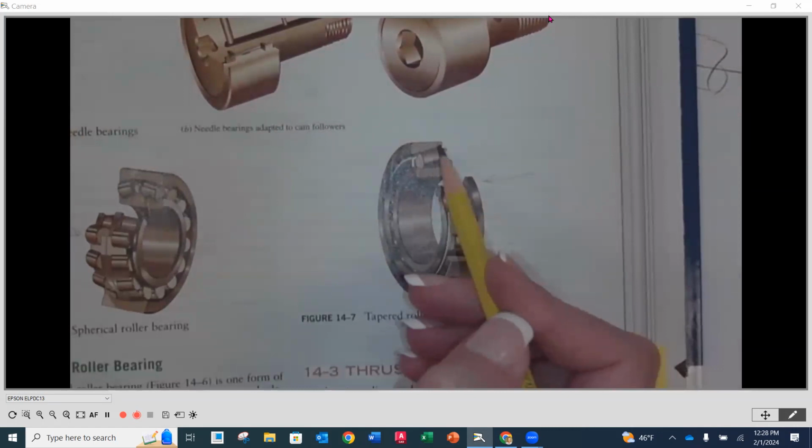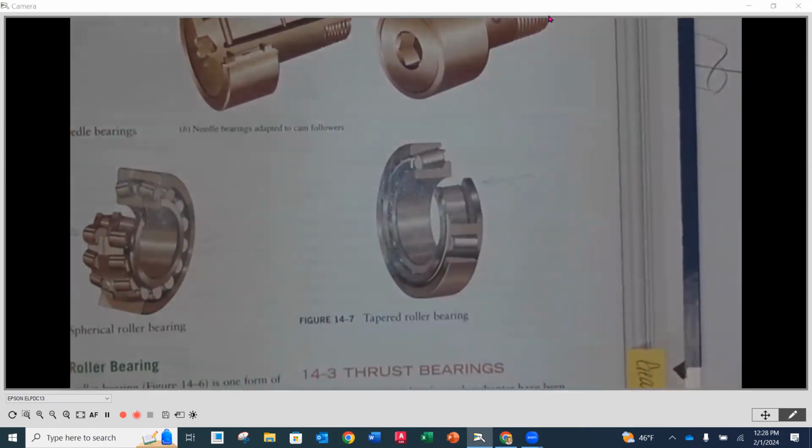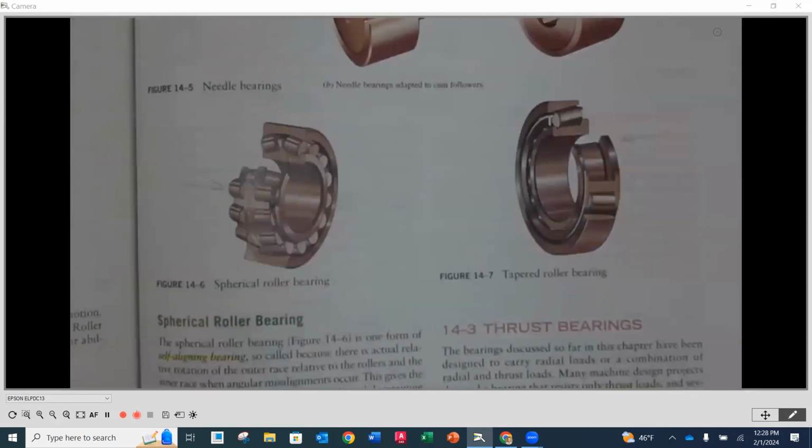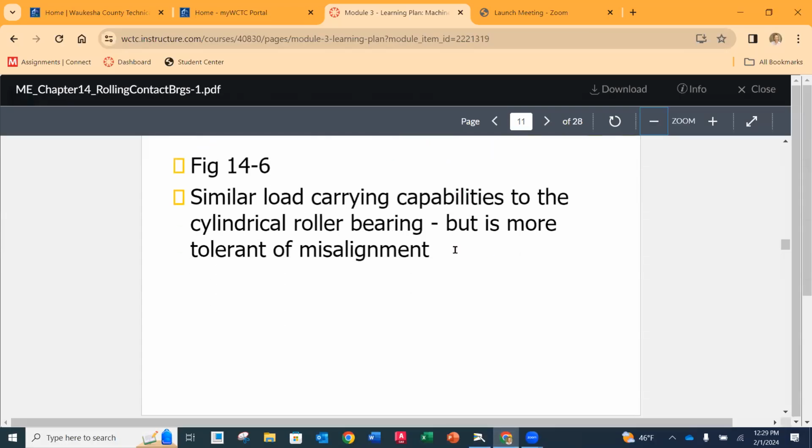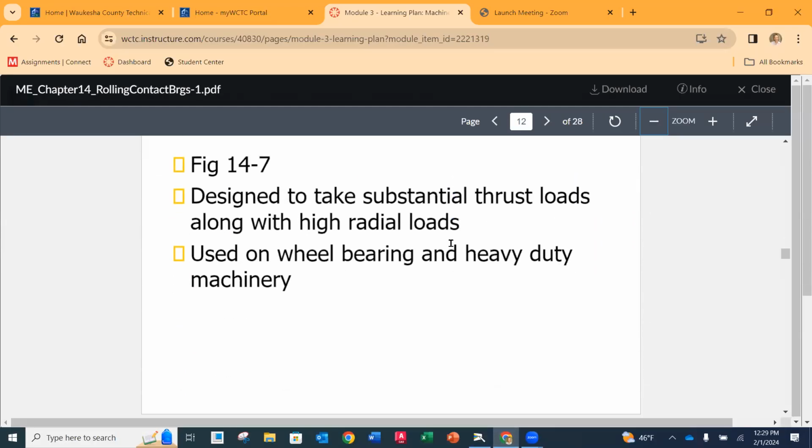These are more cone shaped as opposed to a straight cylinder. And with spherical roller bearings here, you'll notice that we tilt those cylindrical rollers on either end, which helps with misalignment. So they can take a bit more misalignment than the others. Taper and then spherical.